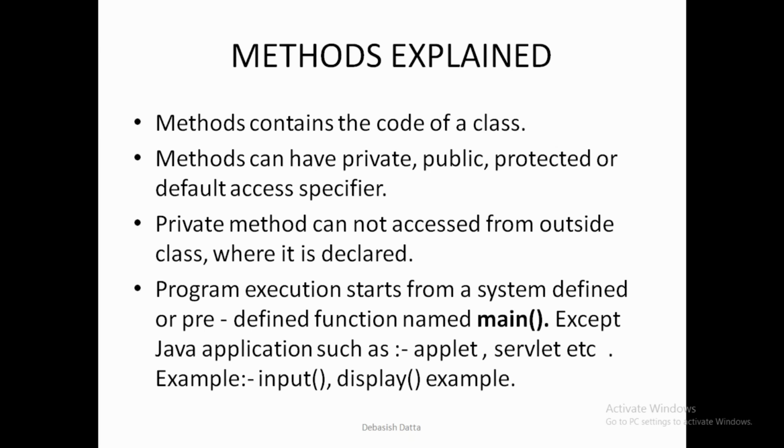The important thing is this last point: program execution starts from a system defined or predefined function named main, except for Java applications such as applet, servlet, etc. So what do we mean by program execution?